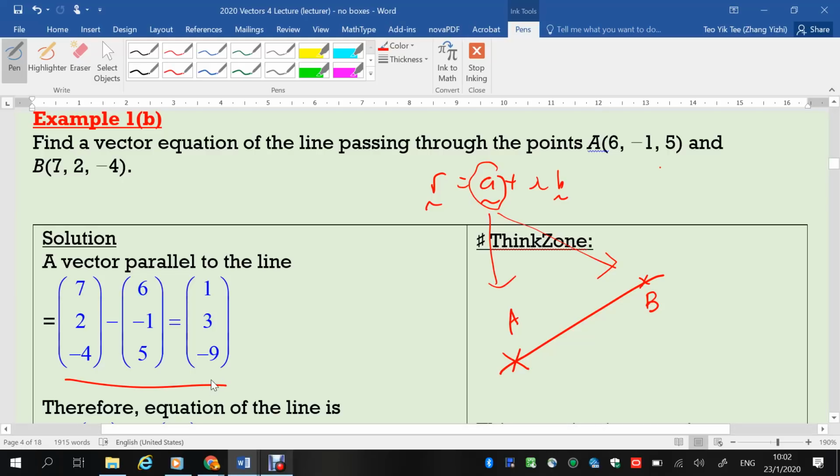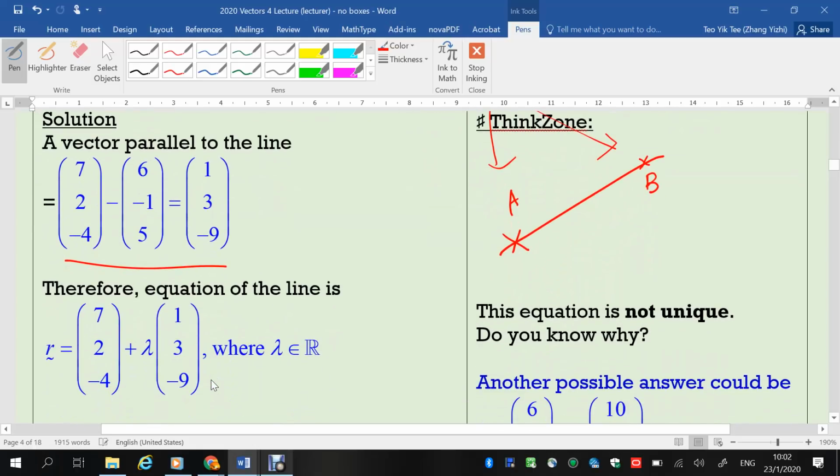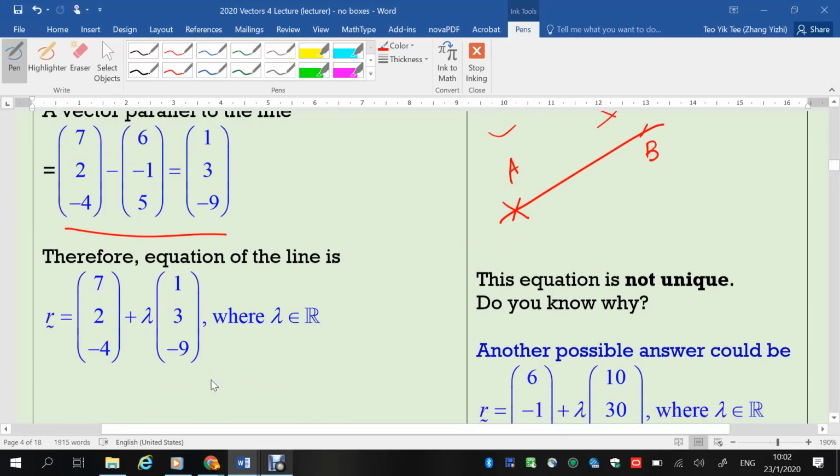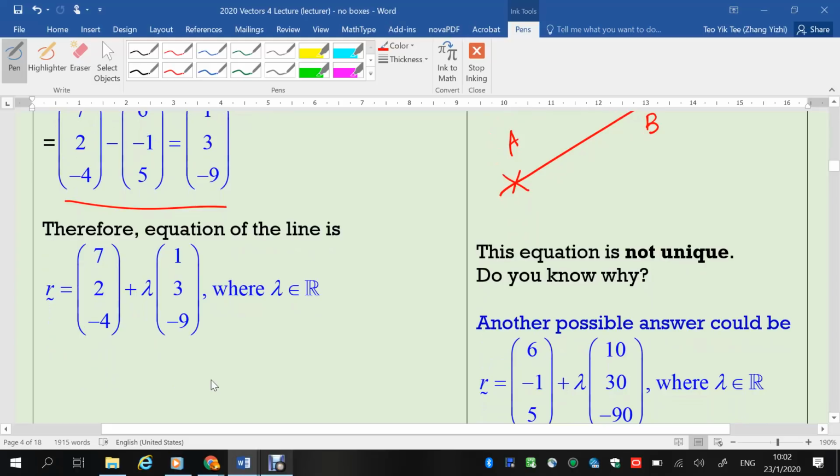So how does the equation of the line look like? Try. Put it down on your own. A plus lambda b. Which one you want to use? It is your choice. In your lecture notes, I just put (7, 2, -4) plus lambda (1, 3, -9). It is absolutely possible. If you want to change it to something else, like what you see on the right hand column, some people want to do something different. It is your choice.